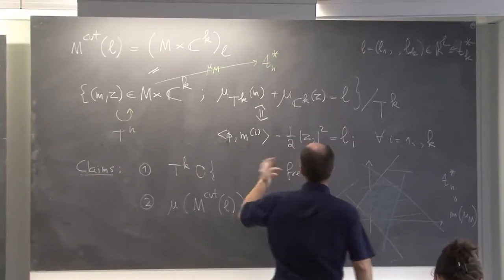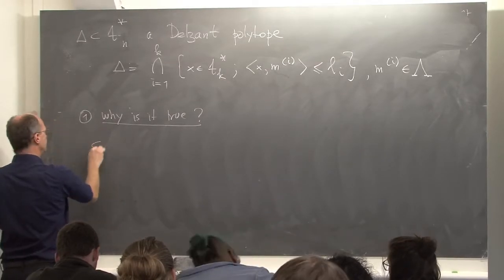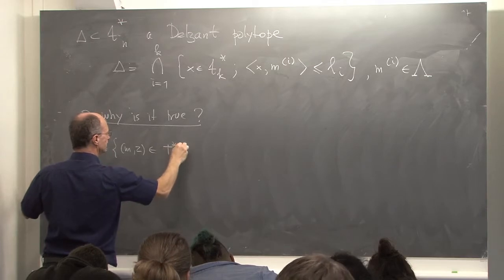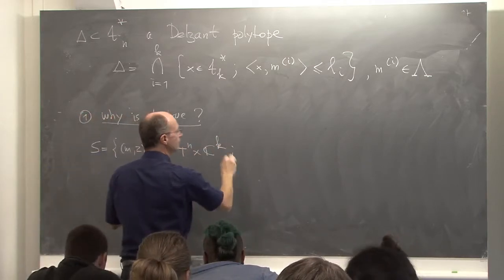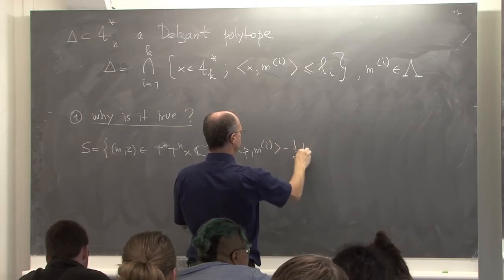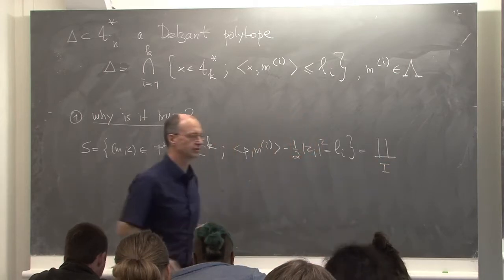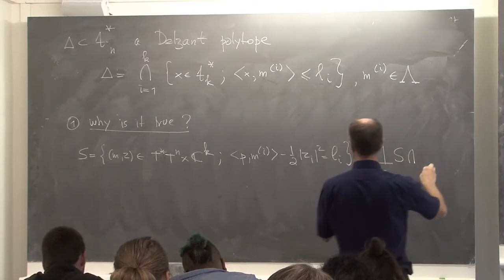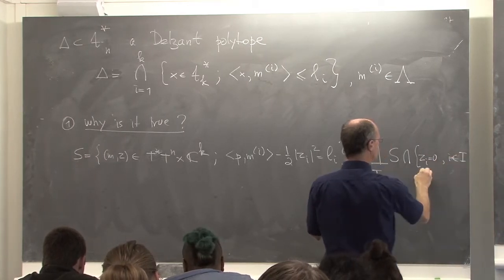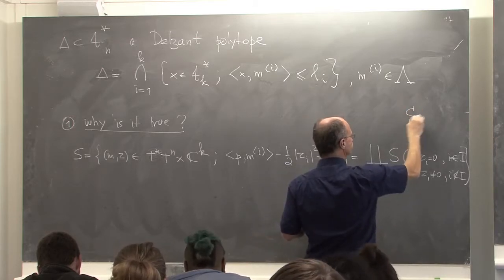Why is this action free? Again, we say that the level set S, which is the set of M z in M, C star Cn cross Ck with all those conditions, Pmi minus 1/2 Zi square is equal to Li, is a disjoint union over I's of S_I, the intersection with the condition Zi equal to 0 for i in I and Zi non-zero for i not in I. These were our S_I's.